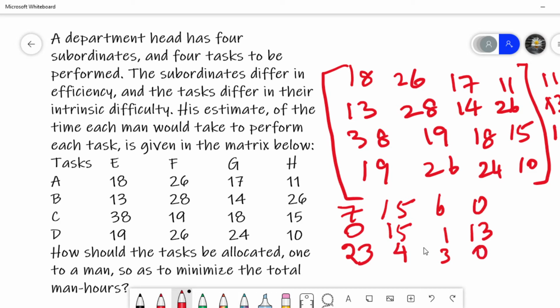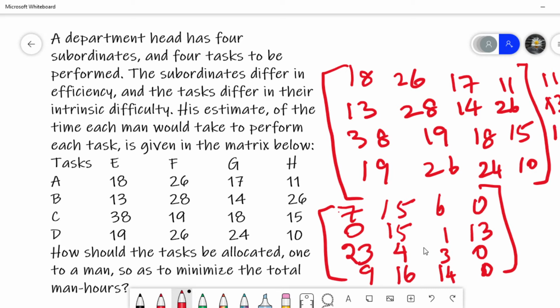In the fourth row, the smallest element is 10, so we subtract 10 from each cell value. 19 minus 10 is 9. 26 minus 10 is 16. 24 minus 10 is 14. 10 minus 10 is 0. So this is the current matrix after the row reduction.